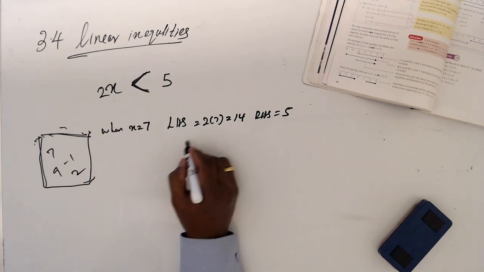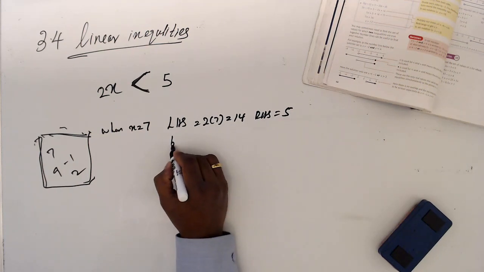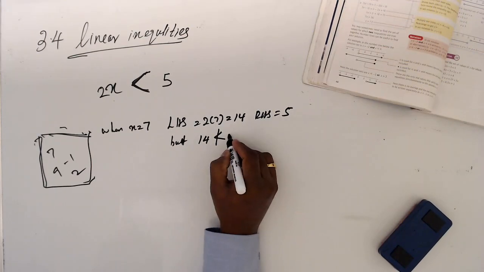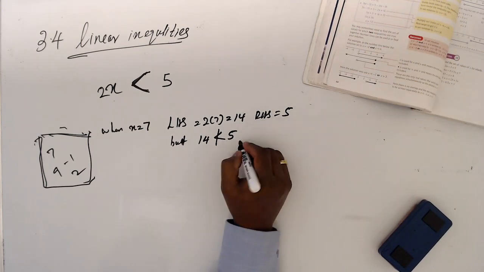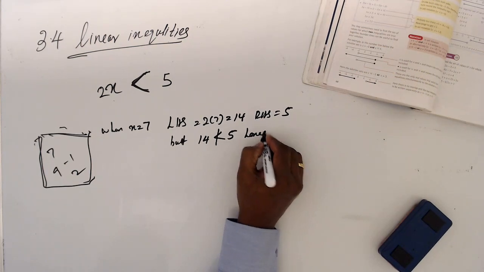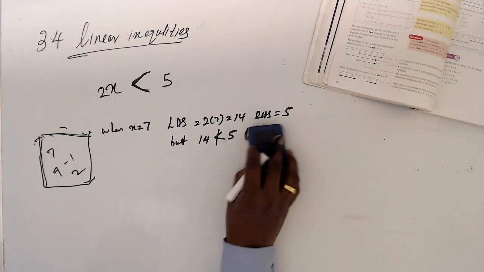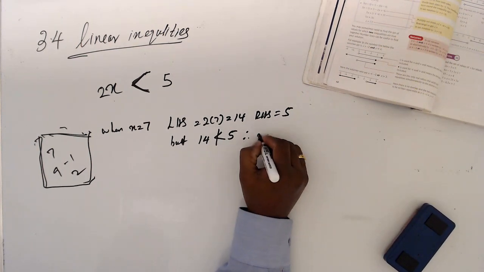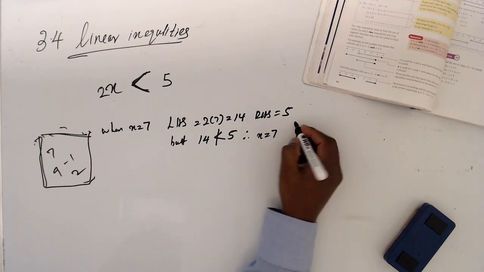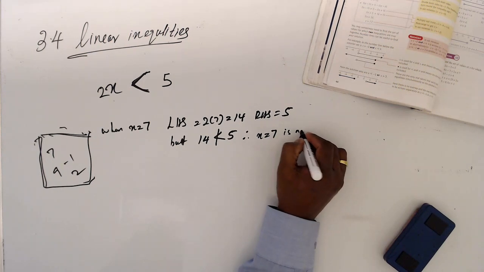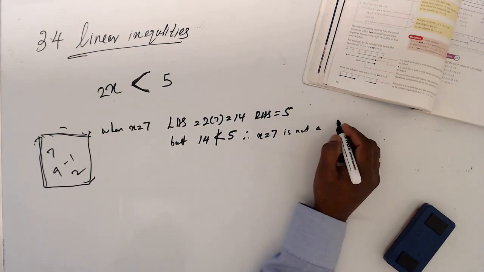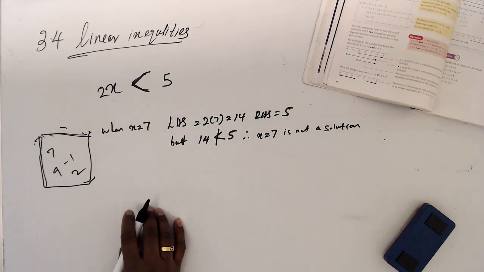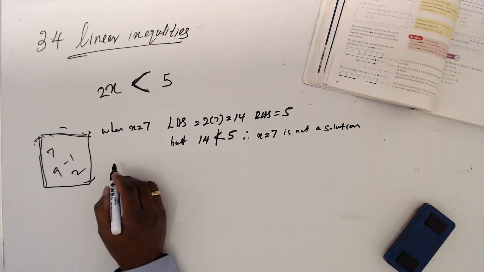But 14 is not less than 5. Hence x equals 7 is not the solution. Another one.